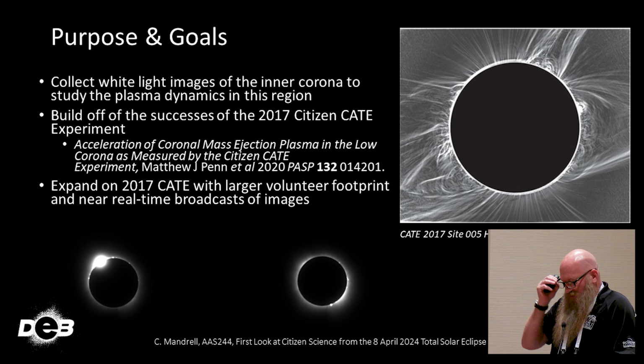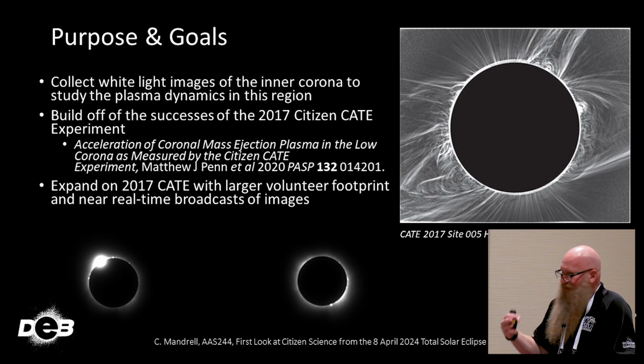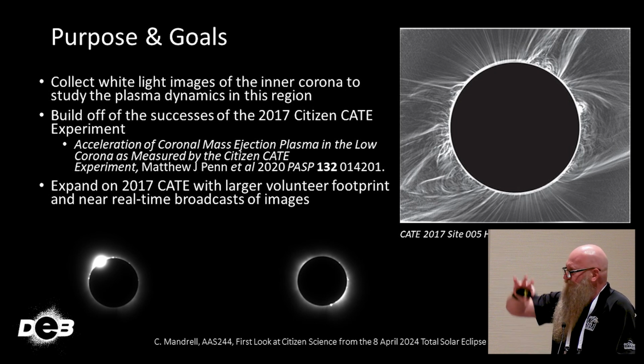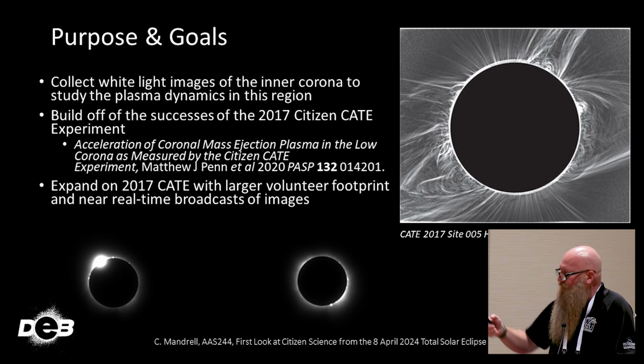We're also going to try to incorporate near real-time broadcasts of what's happening across the path, even out of totality and partiality, so that people who just can't get somewhere to see it or are fully clouded out can see what other people are experiencing. That was a big part of the development of the project.